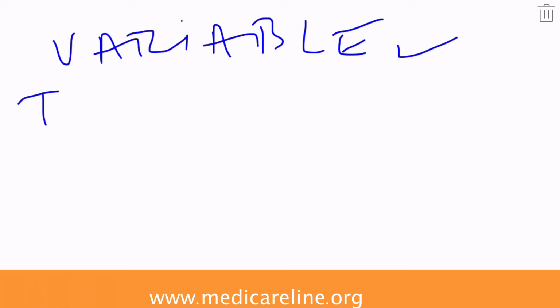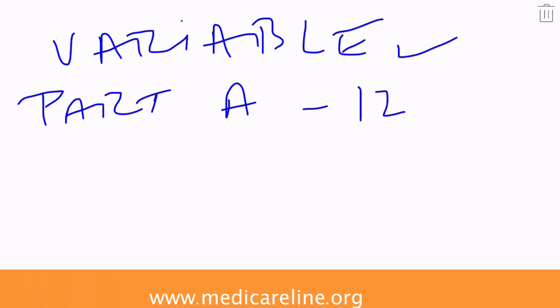So let's say for Part A, what are your variable costs for Part A? Again, if you go into the hospital, you have a $1,288 deductible. Okay, so you'll have this cost if you go into the hospital. Before your benefits kick in, you have to pay this amount of money.